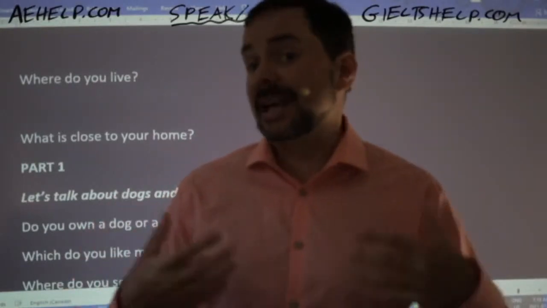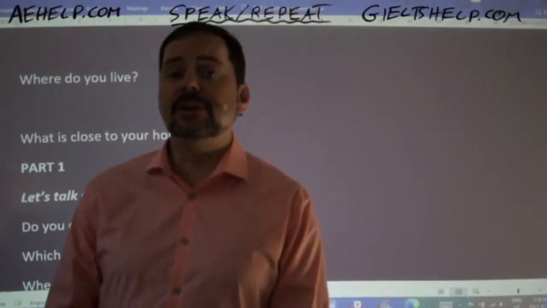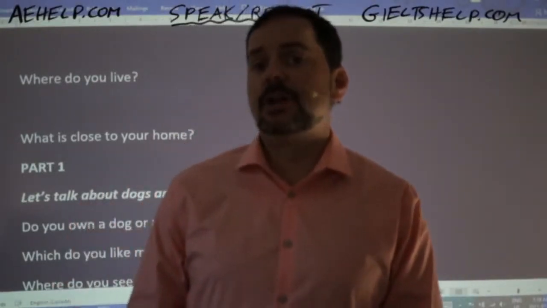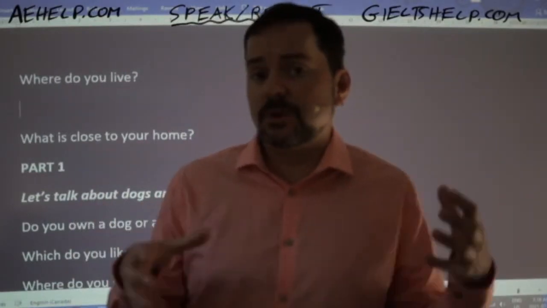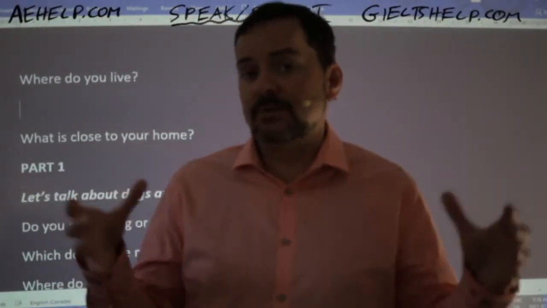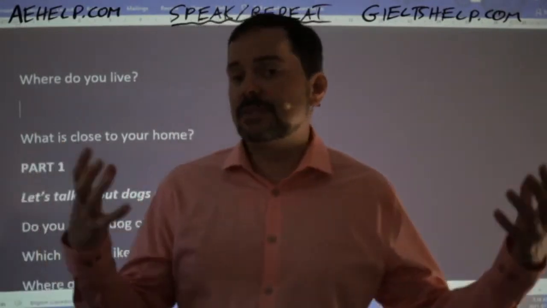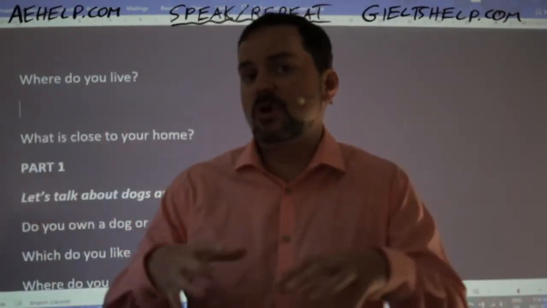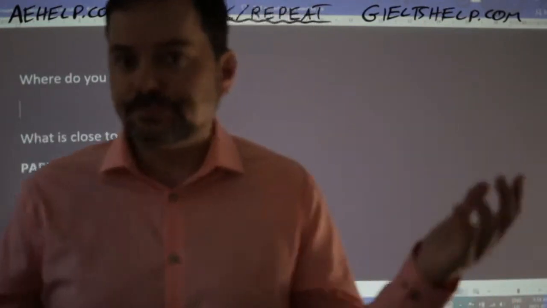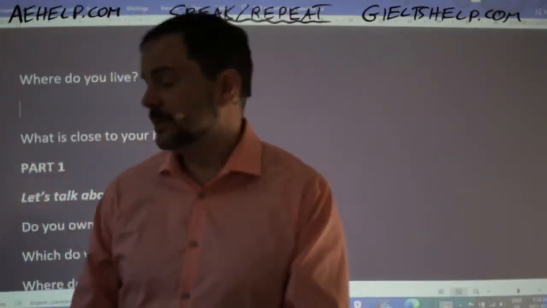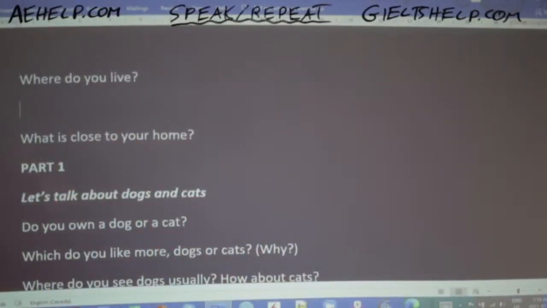Okay, do you live in a townhome? Give a very specific answer. You can start with the small, so you can start with your home, and then you can go to the big, which city it's in. Or you could start with the big, the province, the city, and then go to the small, like a townhome or an apartment. Okay, so but give again a nice, full sentence answer for this one.